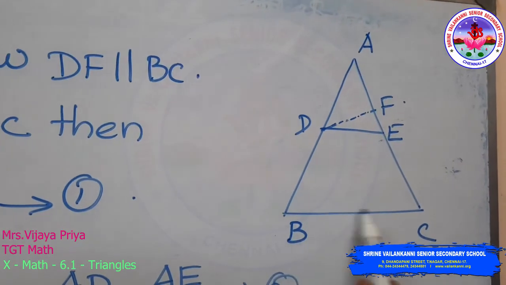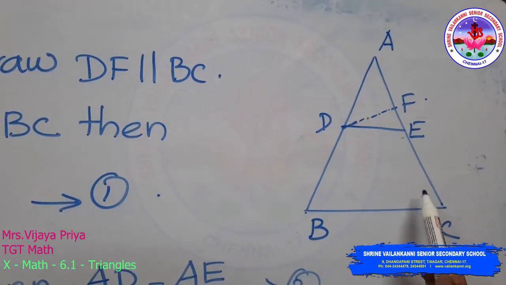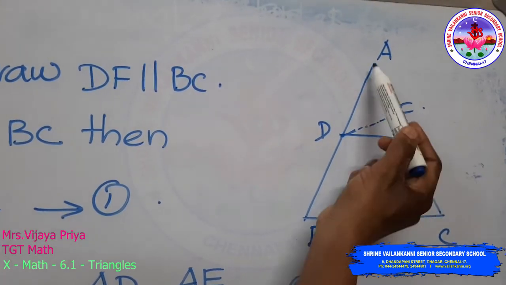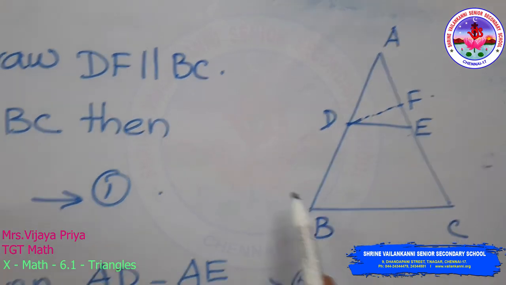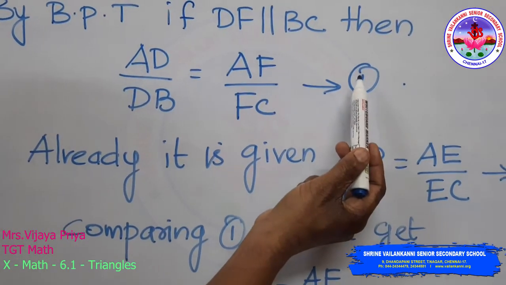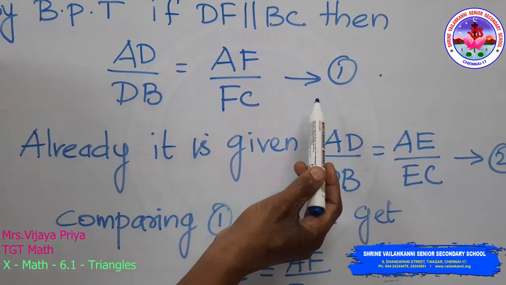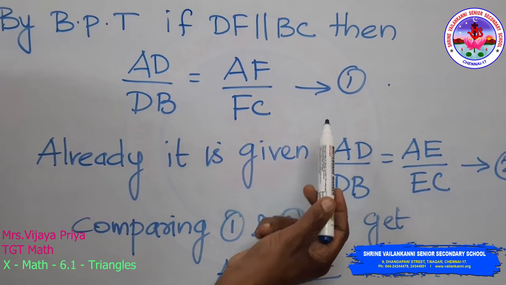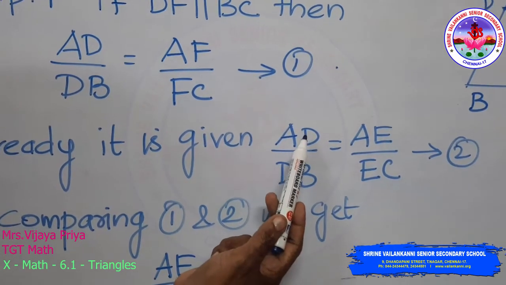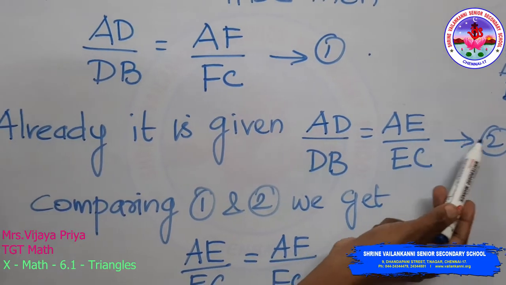If DF is parallel to BC, then D and F divide the sides AB and AC into equal ratios, that is AD by DB is equal to AF by FC. Calling this equation 1. Already it is given in the statement that line DE divides the sides AB and AC into equal ratios.